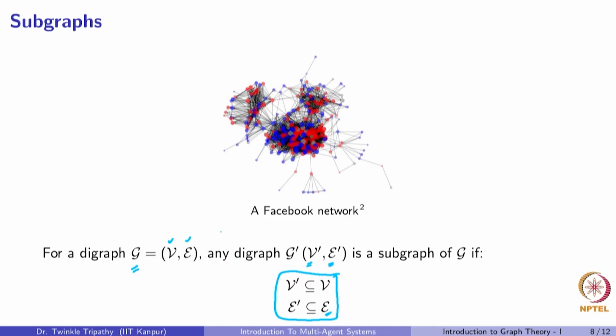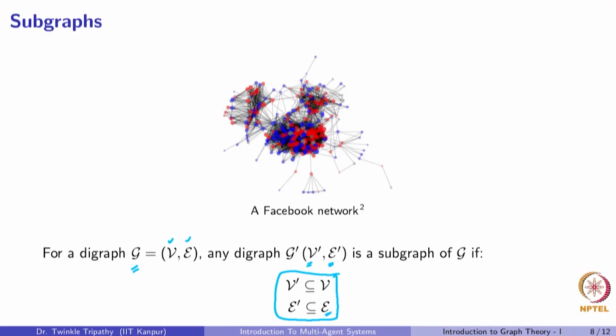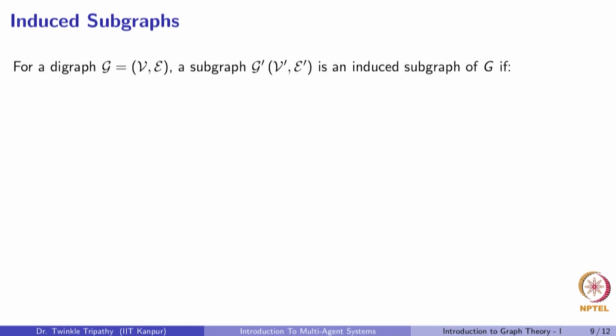Now let us try to define some very useful kinds of subgraphs that we will be using while designing distributed algorithms. The first one is an induced subgraph. So what is an induced subgraph?